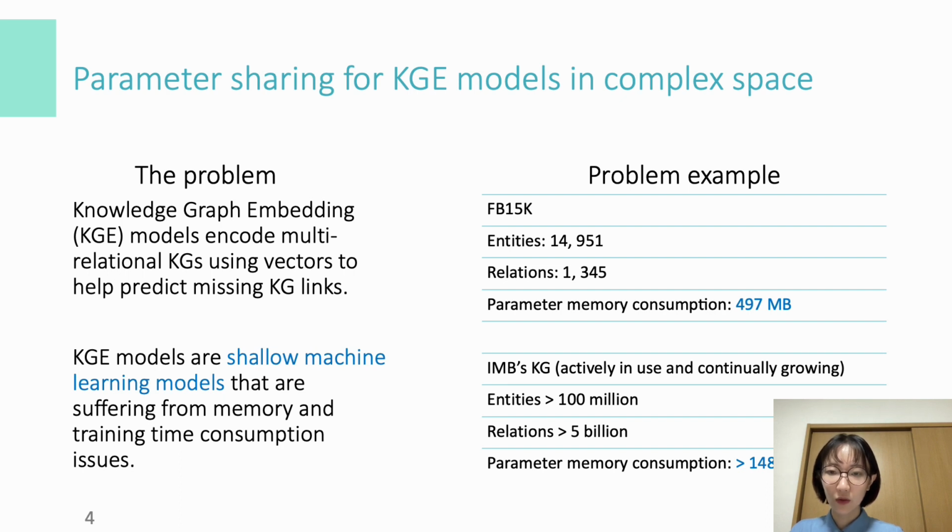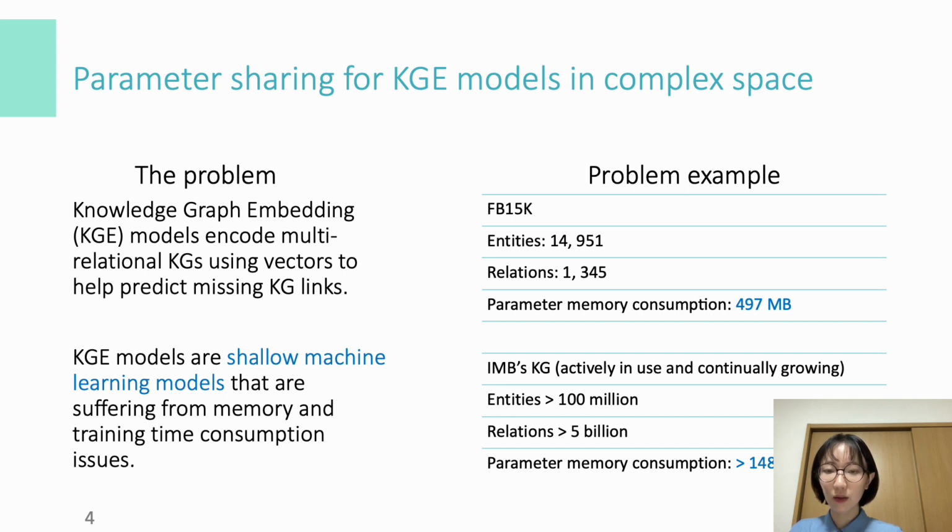For example, if using one of the best models, ComplEx, to create embedding for the benchmark dataset FB15K, whose N_E is about 15,000 and N_R about 1,000, and the best performing dimensionalities d_E of 4,000, d_R of 4,000, will result in the parameter size of around 65 million, considering the data type 64-bit integer, which has a size of 8 bytes in PyTorch. The memory cost will be around 500 megabytes.